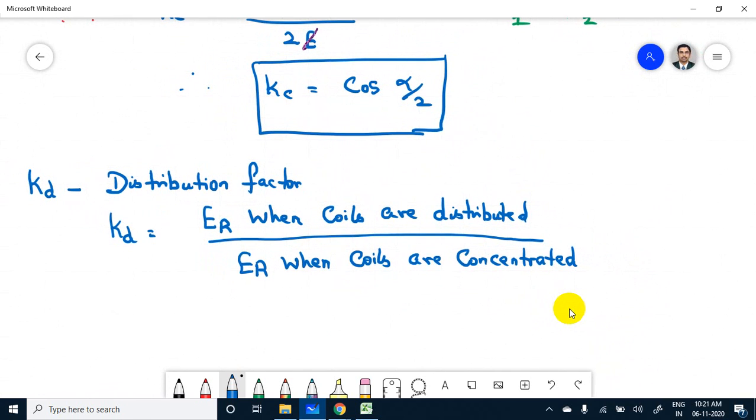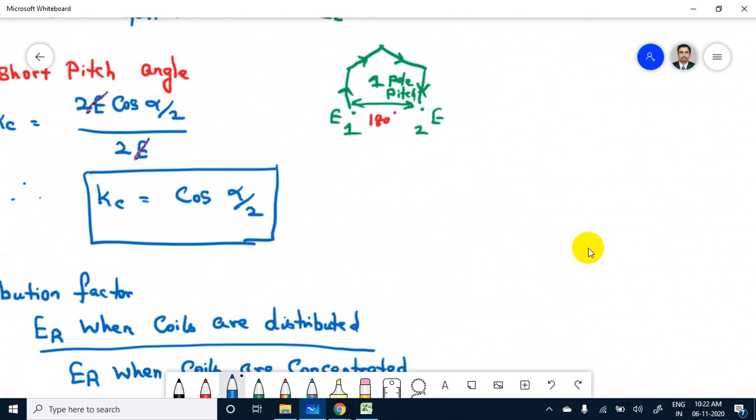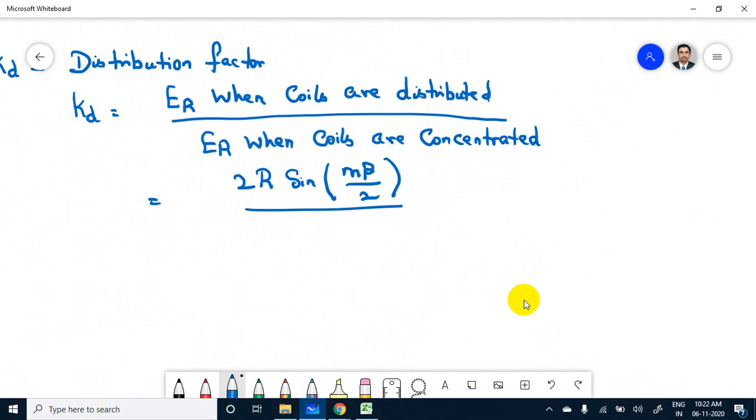Okay, coils are concentrated. So the resultant EMF when coils are distributed, the formula is 2 into the total resultant R into sine, because in winding the EMF will be distributed sinusoidally, so I am mentioning sine, m beta divided by 2, divided by, when coils are concentrated, 2 into m into sine beta divided by 2.